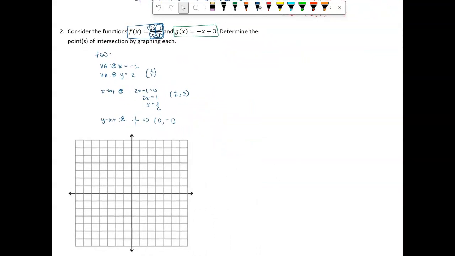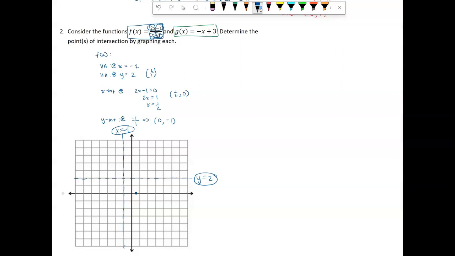In order to graph it accurately, I'm going to draw my vertical asymptote here at x equals negative 1, and my horizontal asymptote at y equals 2. And then I know my x-intercept is at 1/2 and 0. And I can also graph the mirror image of that, right?